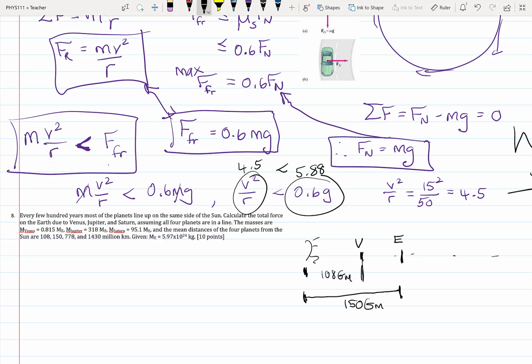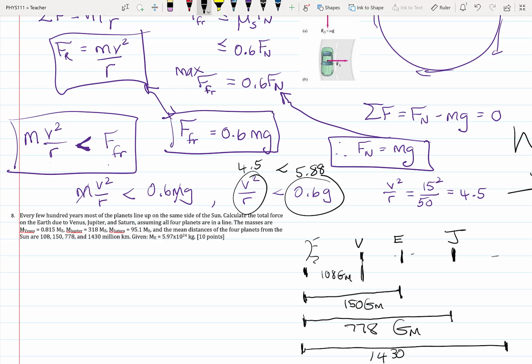And then we've got Jupiter, the next one in the order of the planets that was listed, 778 gigameters. And then finally we have Saturn, and we're told that that's 1,430 gigameters.